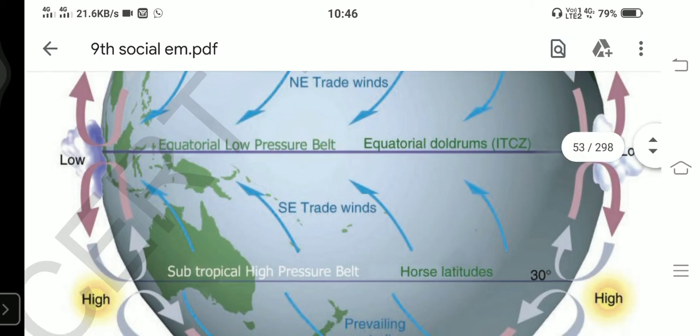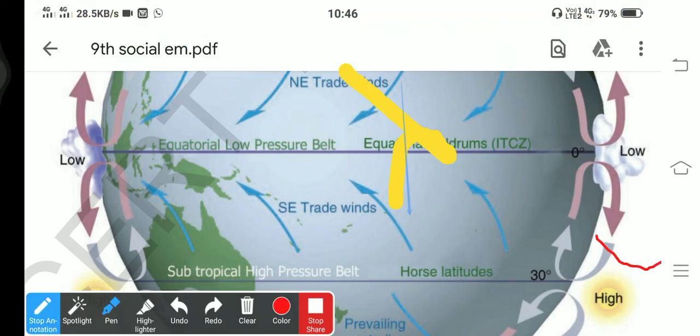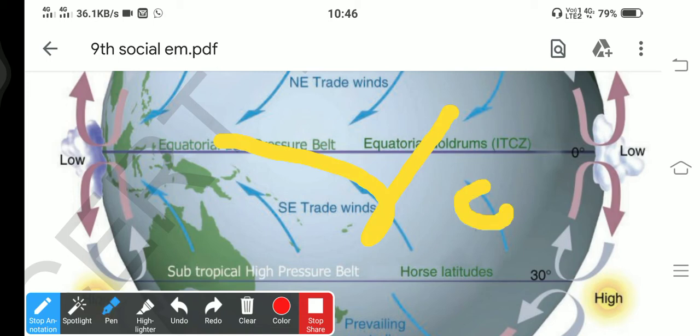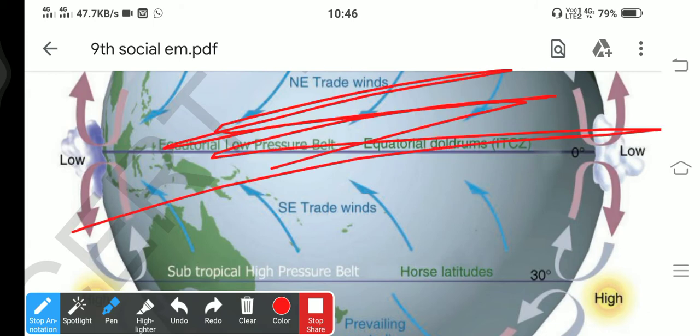So the southwest monsoons will blow over the Indian Peninsula and other neighboring countries, that is in the summer. Understand? That means in summer in India we see that the wind blows from the southwest direction. Dear students, in which direction? Southwest direction.